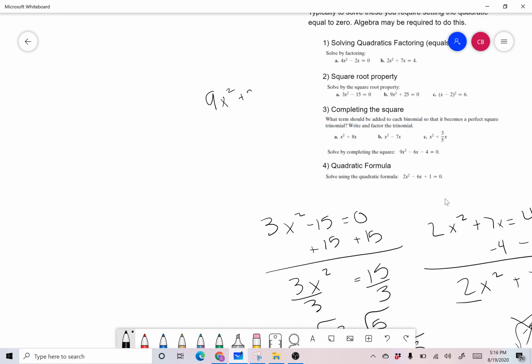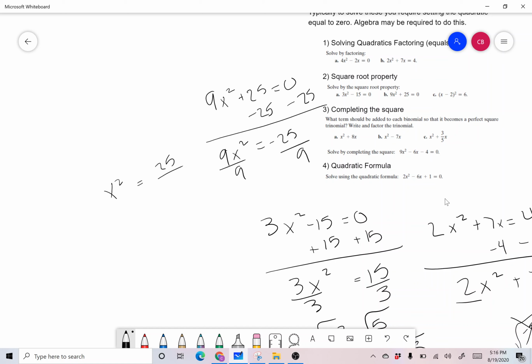9x squared plus 25 is equal to 0. So I'm going to subtract 25. Then we're going to divide by 9. We have x squared is equal to negative 25 over 9.